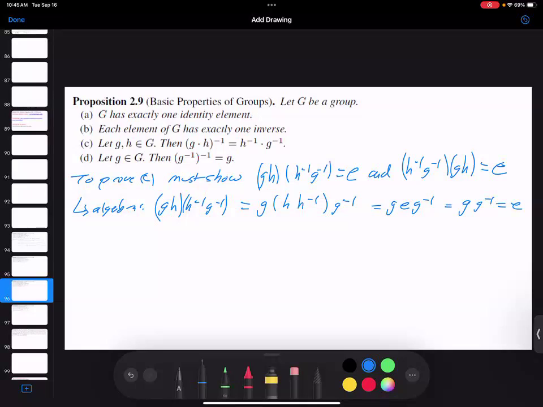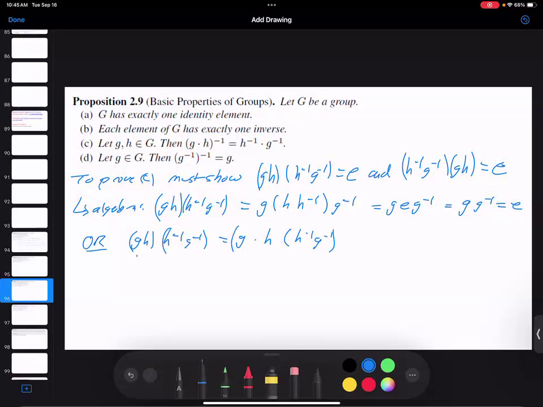Okay, good. So GH times H inverse G inverse, this is G times H inverse G inverse, right? And now I can view this as three elements.